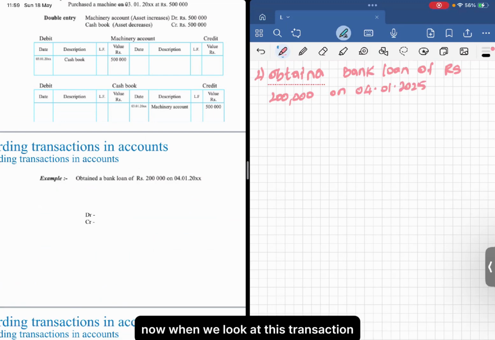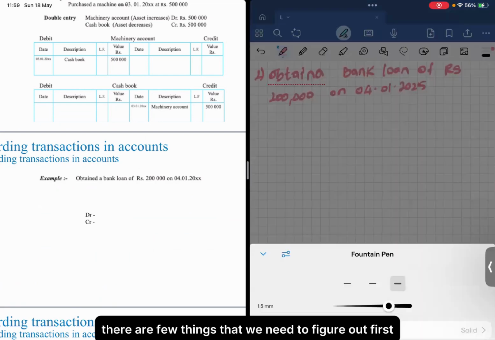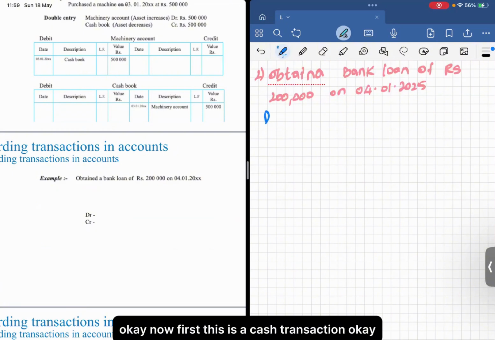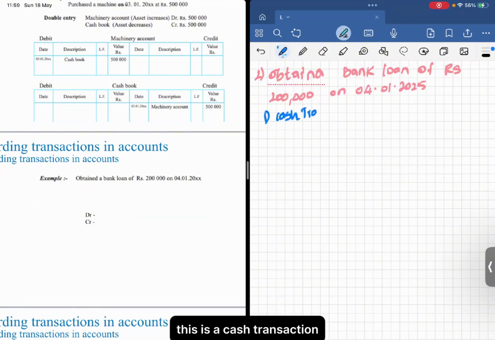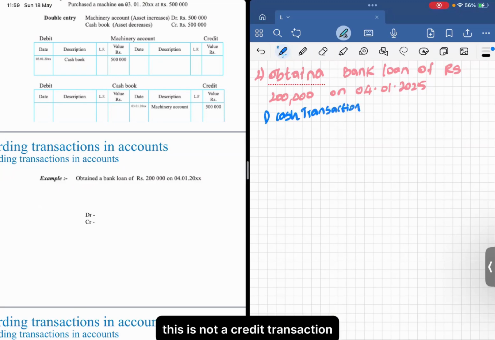Now, when we look at this transaction, there are a few things that we need to figure out first. First, this is a cash transaction. This is not a credit transaction.